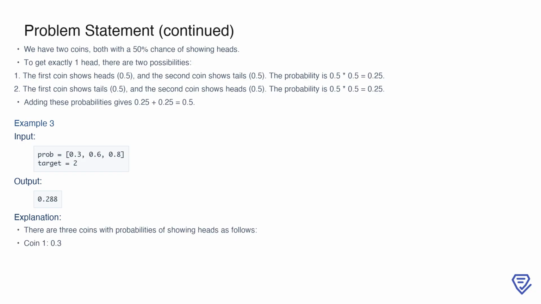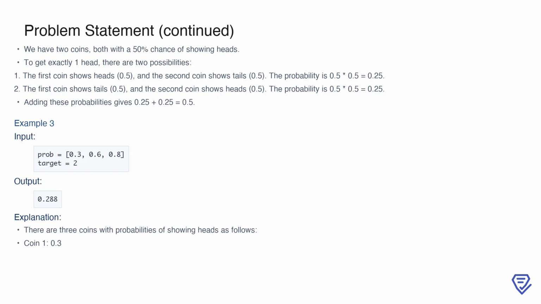The probability of this happening is 0.5 multiplied by 0.5, which equals 0.25. In the second scenario, the first coin shows tails while the second coin shows heads. Again, the probability for this is 0.5 multiplied by 0.5, giving 0.25. Adding these two probabilities together, we get 0.25 plus 0.25, which equals 0.5.